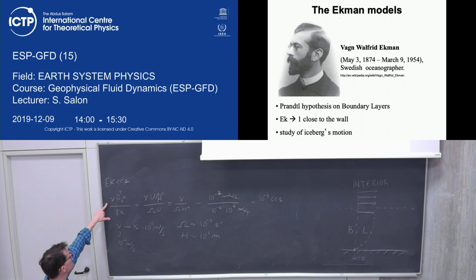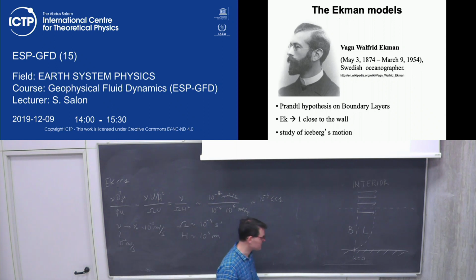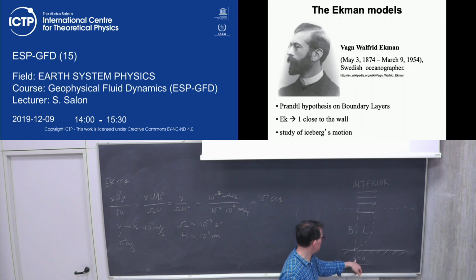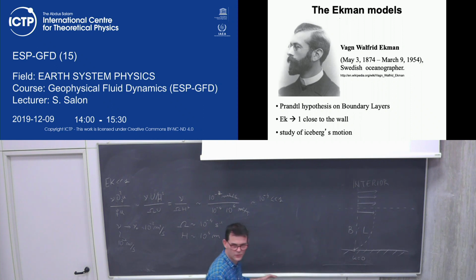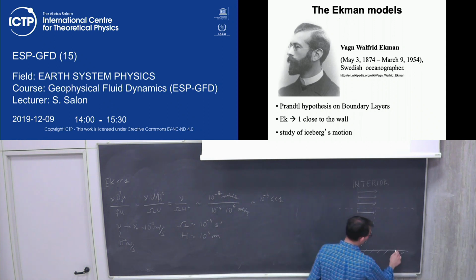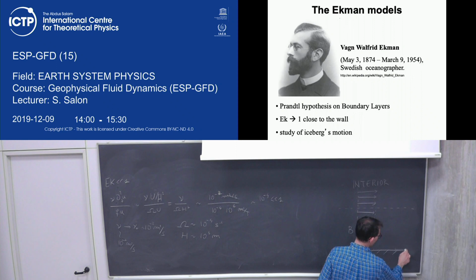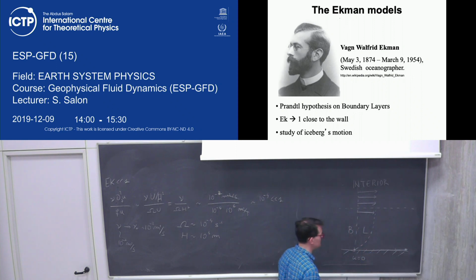So the Ekman hypothesis of having Ekman number much smaller than 1 removed the second derivative from our equations, practically had to allow the possibility to have the slip condition here. Okay, but this is not true. So this is something that we consider for the geostrophy, to say, okay, we can allow slipping close to the boundary.